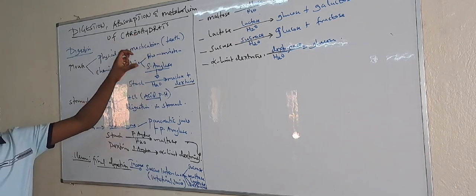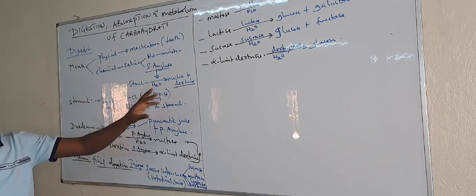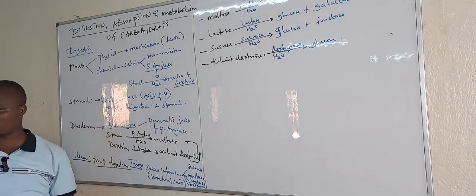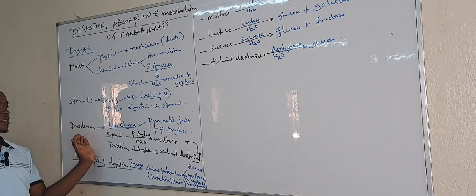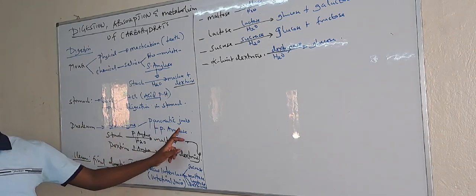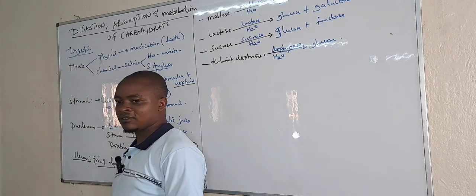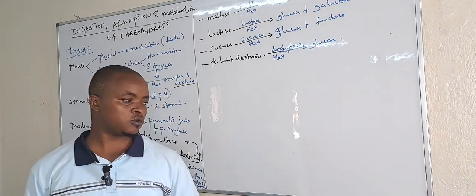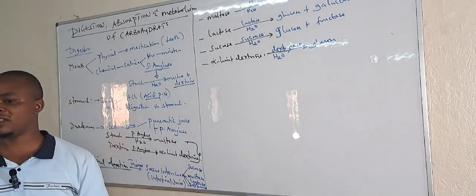Physical by teeth, then chemical by salivary amylase, which is hydrolyzing starch into maltose and dextrins. Then in the stomach, there is no digestion due to presence of hydrochloric acid. Then as food continues into the duodenum, there is production of pancreatic juice. And this pancreatic juice contains enzyme pancreatic amylase, which is able to hydrolyze starch and dextrins to maltose and alpha limit dextrins, respectively.